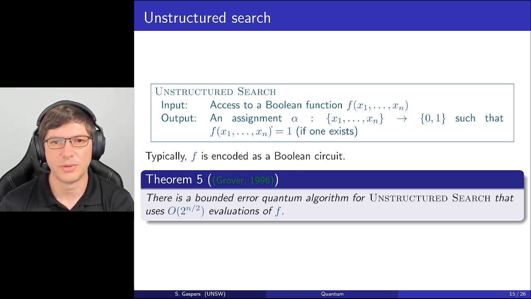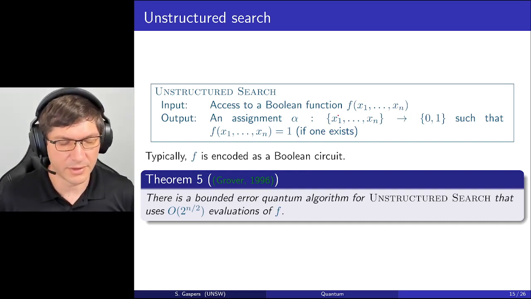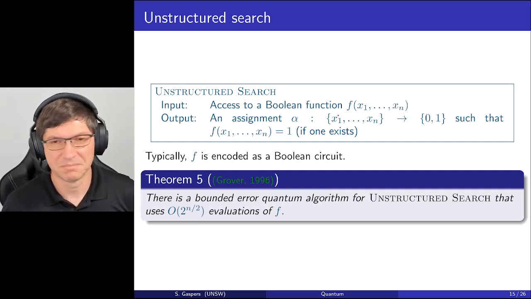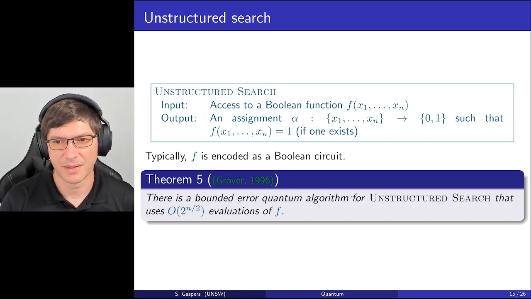The output is an assignment of the Boolean variables to 0 and 1 such that the function evaluates to 1, if one exists. It's kind of like a circuit satisfiability problem, but we are not allowed to look at how this function is computed. We just know that it always evaluates to either 0 or 1.